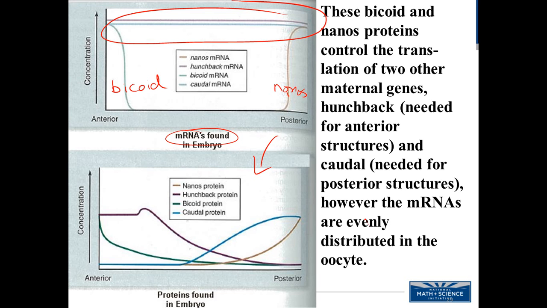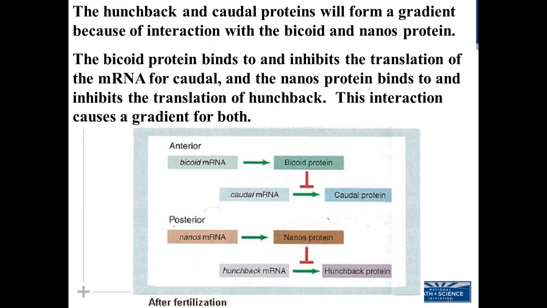Well, that concentration gradient is due to the interactions of Nanos and bicoid with caudal and hunchback. And the way that it works is that the bicoid protein binds to and inhibits the translation of the caudal messenger RNA.